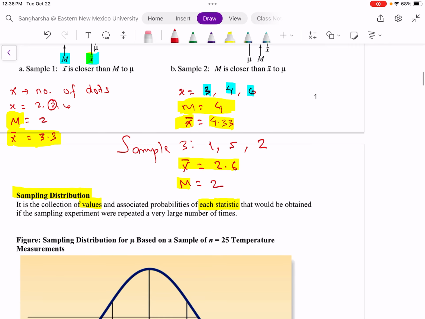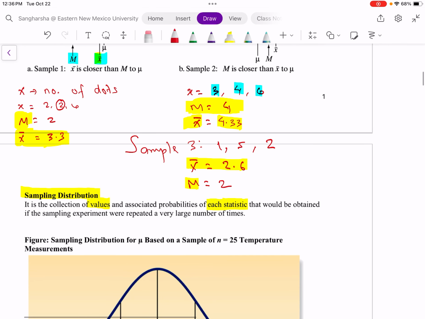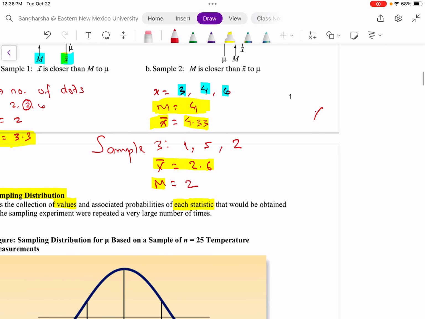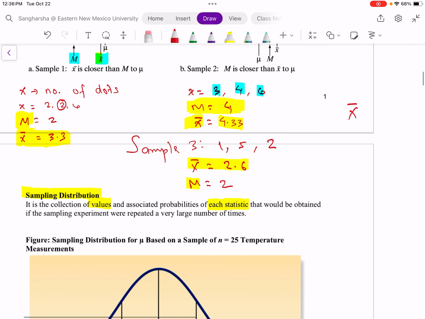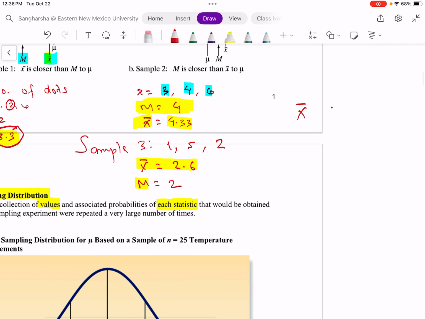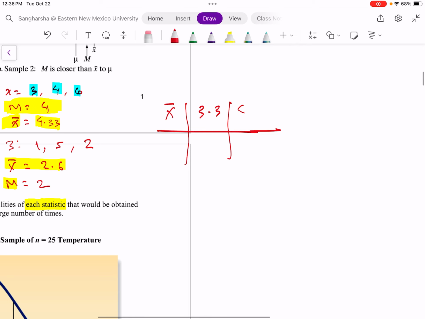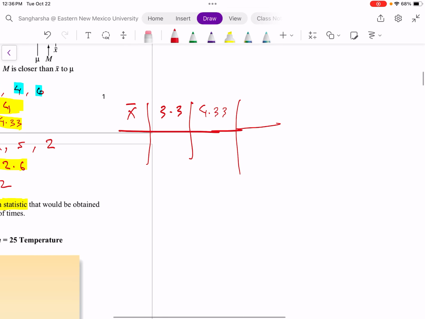So we collect each value of X bar from each sample. From the first sample our X bar is 3.33, the next value of X bar is 4.33, and the last value of X bar is 2.6.